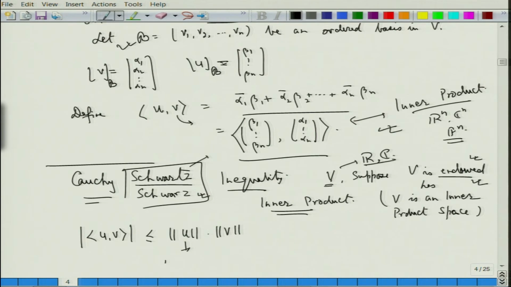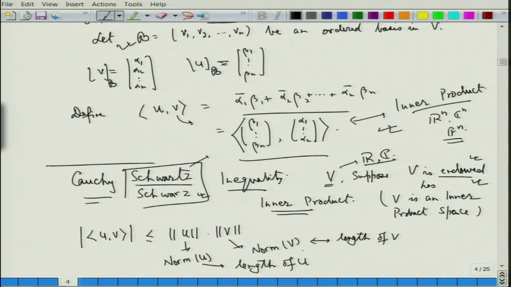Now what is norm? I have to say what is norm of u, or norm of v. They are nothing but the lengths. Length of v, length of u. So you already know what we mean by length as far as your dot product is concerned.